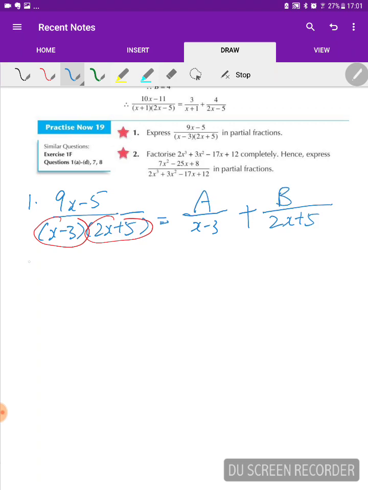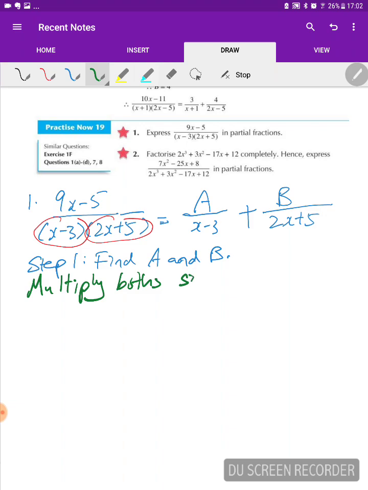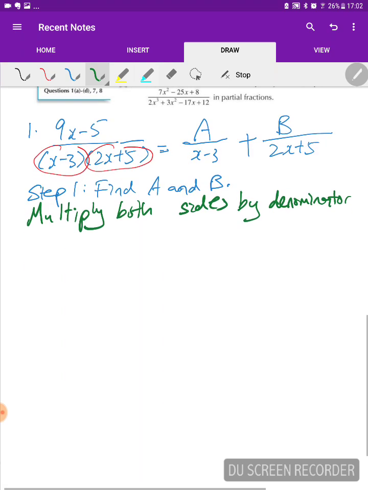So our step number 1 is to find A and B. How to find A and B? You find A and B by multiplying both sides by the denominator.